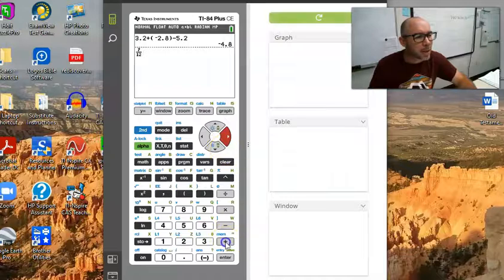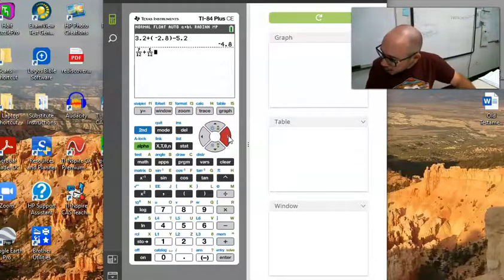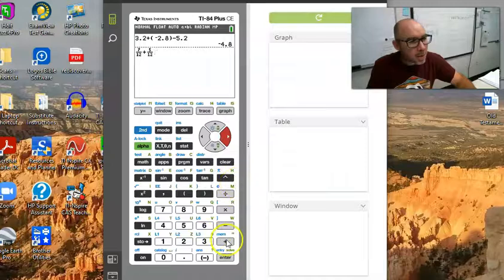I'm going to go with that. Plus alpha x, again for the fraction bar, 5/12, arrow over again. And then I'm going to type exactly the way it is in the book, plus, use parentheses, and then that's a negative.